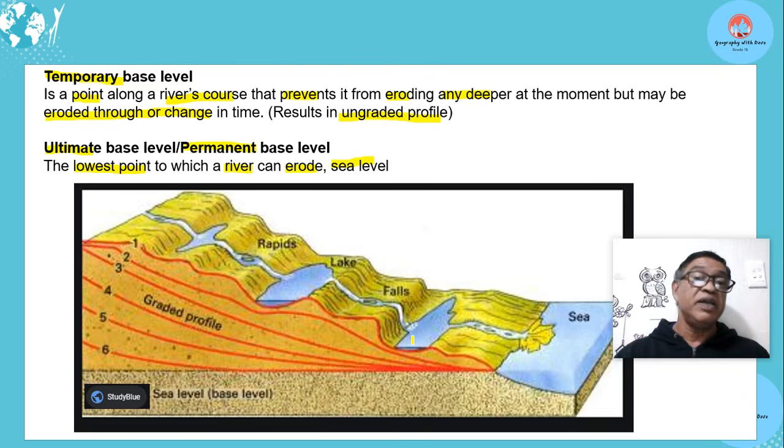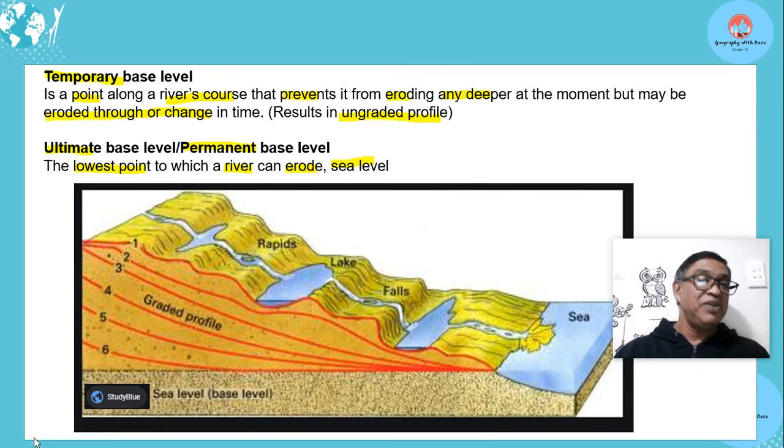Rejuvenation will happen here. Okay? And eventually it will be eroded away. That is why your rapids, waterfalls and lake are temporary features. They will go away in geomorphological time, but it sometimes takes millions of years. So they are temporary base levels. And this is your permanent base level because it's there all the time.